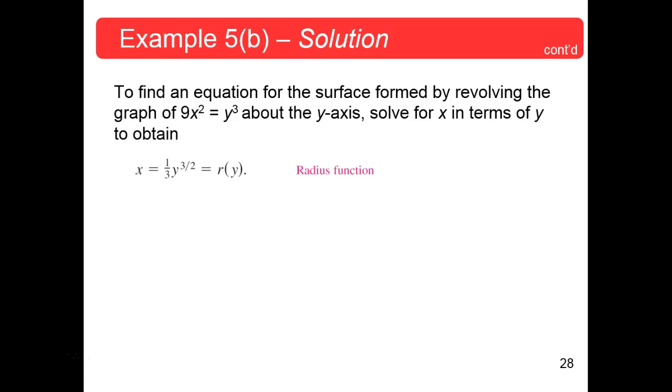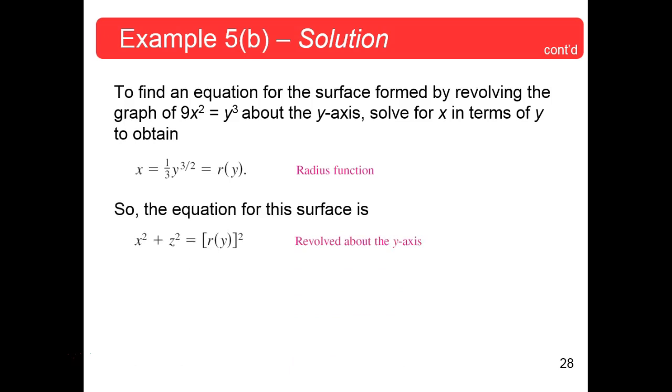I didn't write it that way, but that's a perfectly good way to write it. Now what you're going to wind up doing is squaring. This is your r of y, and then you write x squared plus z squared is equal to that thing squared, which will be 1/9 y cubed.